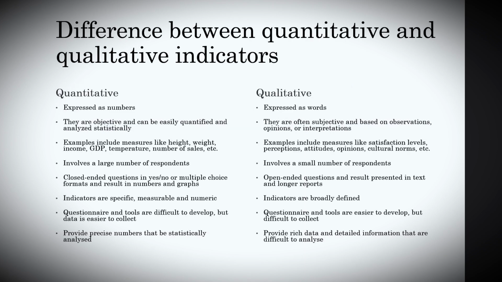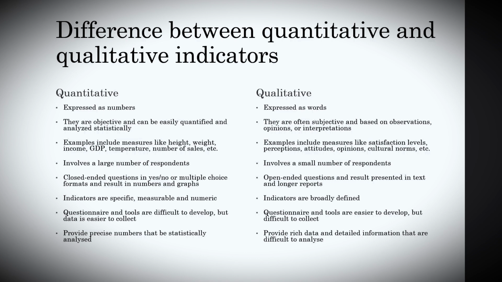Let's delve into the difference between quantitative and qualitative indicators. Quantitative indicators are expressed as numbers, while qualitative indicators are expressed as words. Quantitative indicators are objective and can easily be quantified and analyzed statistically.